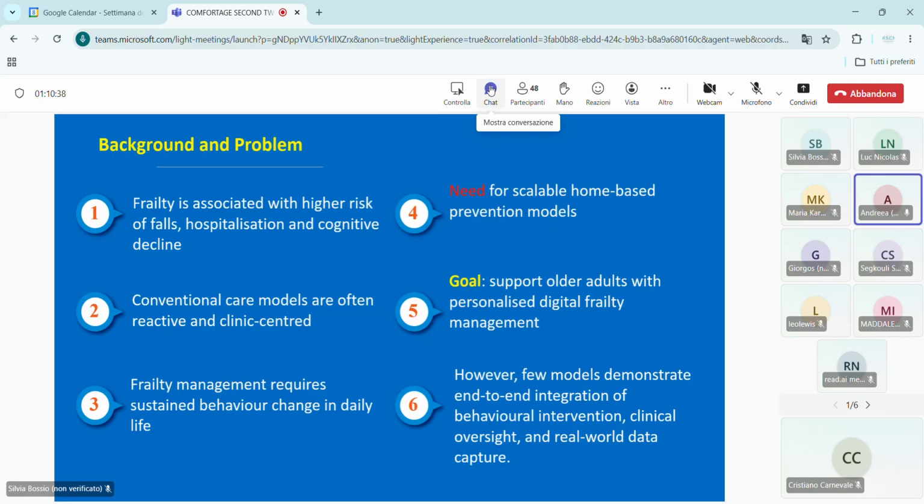There's a clear and growing need for scalable home-based prevention models. And our goal is to meet that need by supporting older adults through personalized digital frailty management. However, few existing solutions truly deliver on this, and most fall short of integrating behavioral intervention, clinical oversight, and real-world data capture into a single coherent system. That's the gap that Pilot 9 wishes to close. Next slide, please.